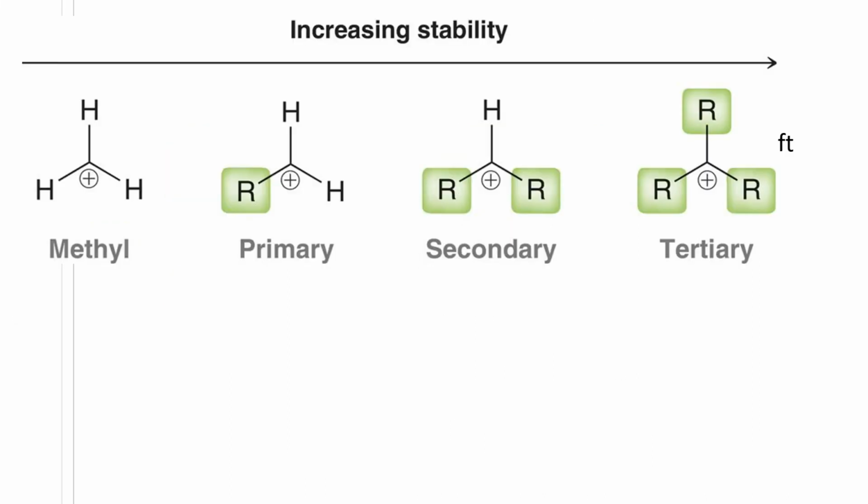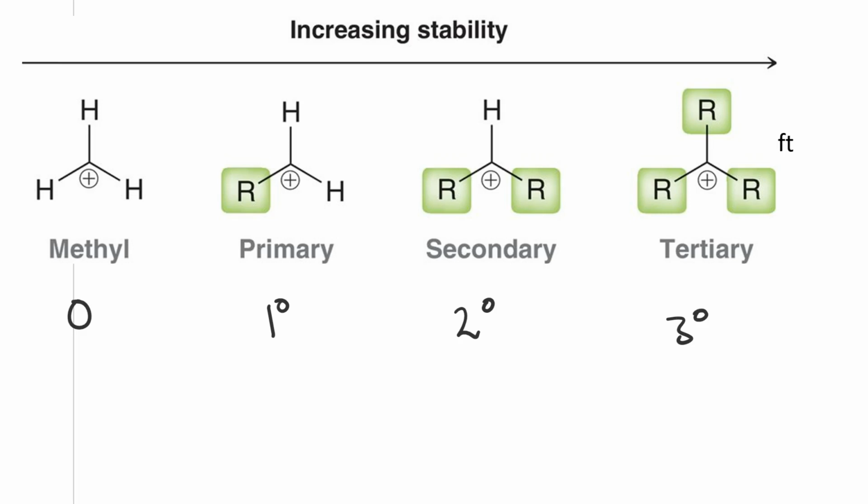So, the least stable carbocation is the methyl carbocation. It has 0 hybrid orbitals on adjacent atoms to the carbocation to donate electron density into that empty p orbital. Primary has 1, secondary has 2, tertiary has 3. Hence, tertiary is the most stable just by substitution.